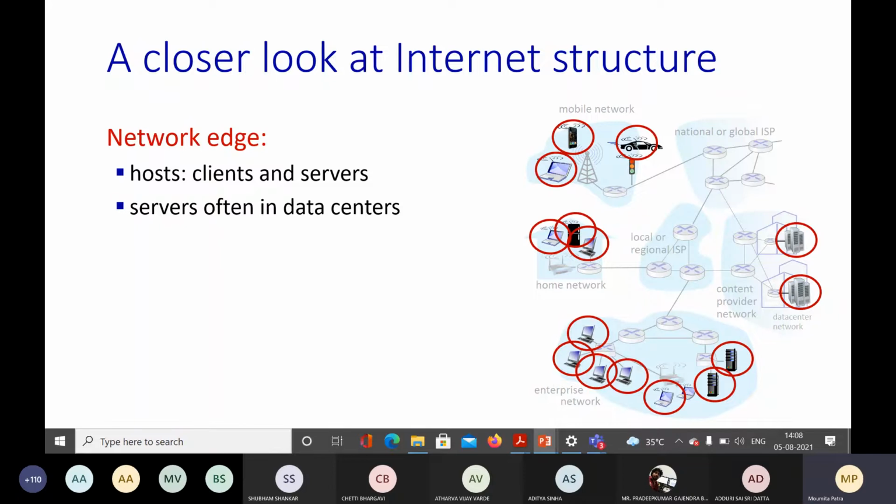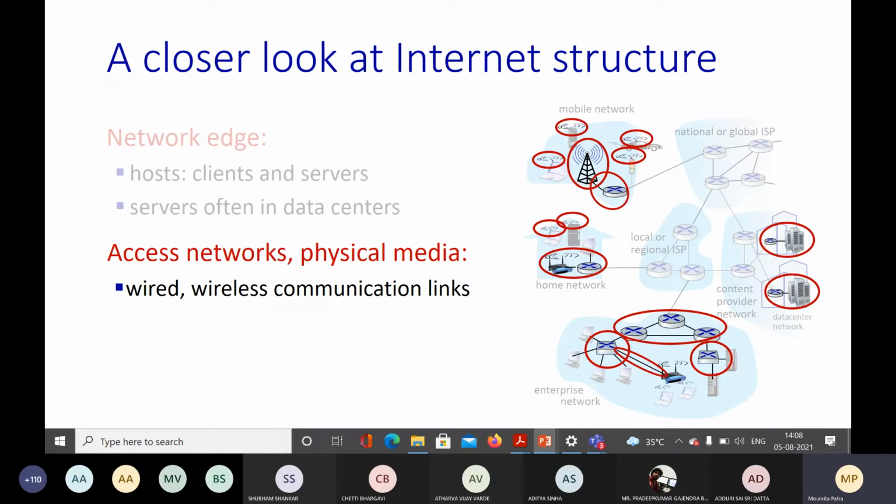They can act as clients depending upon whether they are the ones requesting the service. They can act as servers depending upon whether they are actually helping to serve the request that has been given out by the user. So here you have different hosts or end systems which are at the edge of the network. They are the marked ones here.